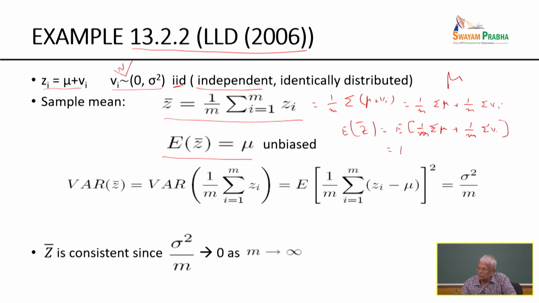So this is equal to mu plus 1 over m times summation of the expected value of vi. The expected value of vi is 0, so this is equal to mu. So that's the verification.